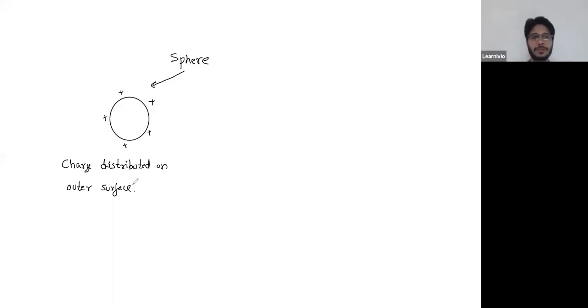Let's say the radius of the sphere is capital R. So you have some charge Q which is uniformly distributed on the outer surface.